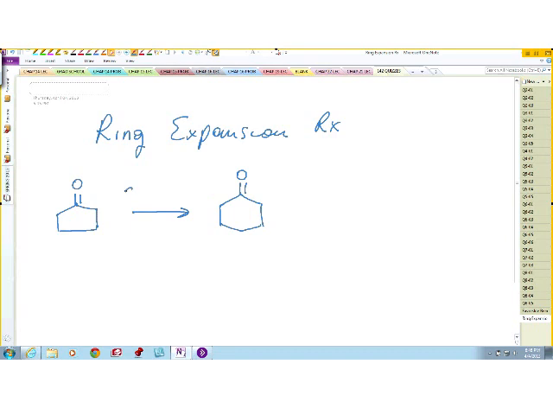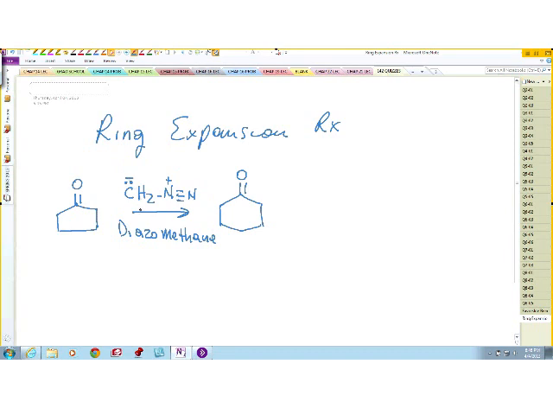To do that, this is the reagent you need. This we call diazomethane. Can anybody help me out in working out the mechanism for this?